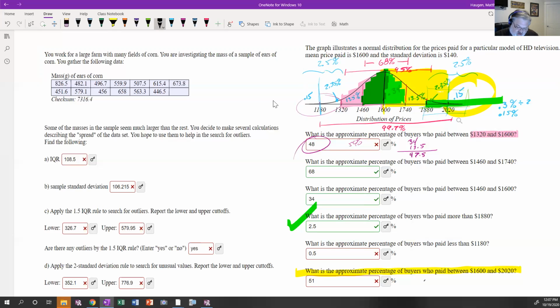So that would be the 50% minus the 0.15. Or you could add together those three if you want to. Either way, you'd end up with 49.85.